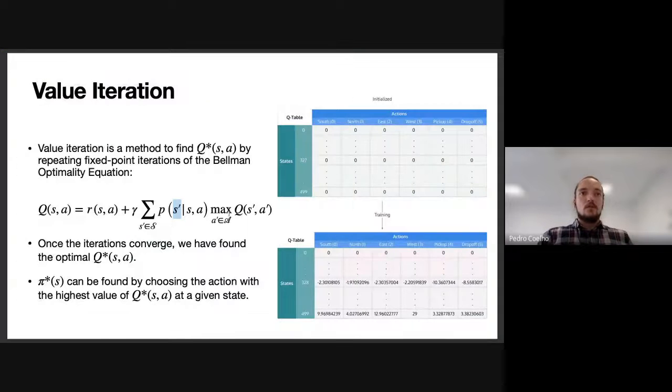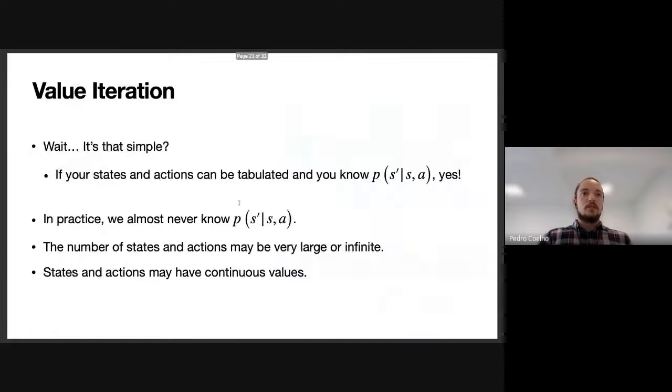Yeah. So basically, this seems really simple. The catch here is it is this simple because value iteration requires that you know the probability kernel. If you know the transition probability kernel, then you can apply value iteration and solve a reinforcement learning or a Markov decision process really easily.